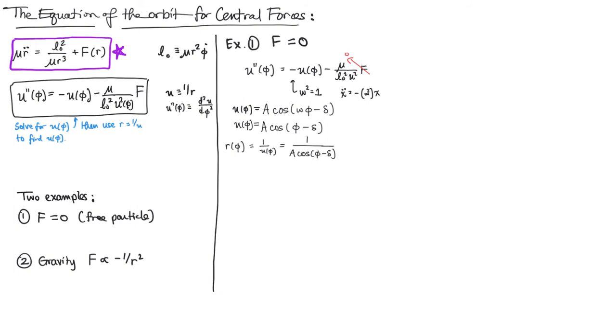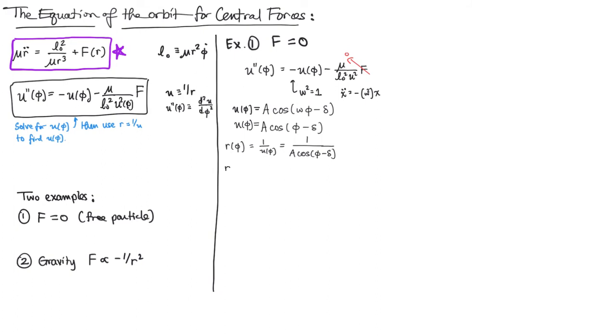Okay. And what is this 1 over A? Well, if you think about this r of phi, if we put in an angle phi that's equal to delta, then we'll have cosine of 0, that's 1. So this 1 over A corresponds to r at phi equals delta, right?